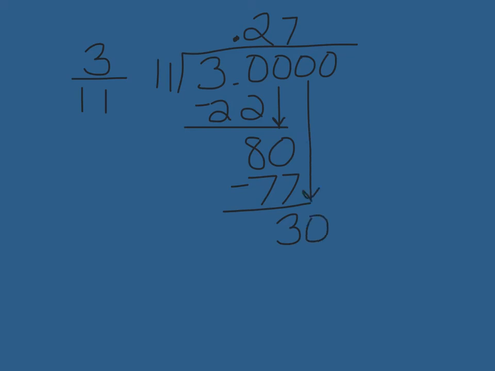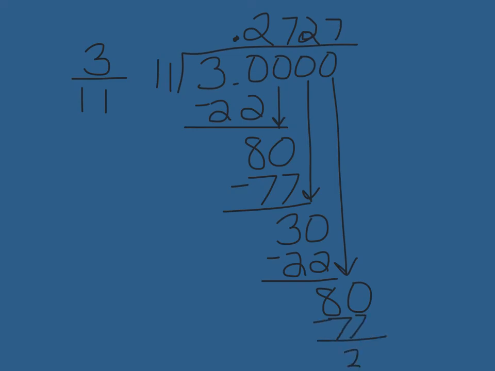So 11 goes into 30 2 times. 2 times 11 is 22, and I subtract, and then I have 8. So I bring down a 0, and I have 80. 11 goes into 80 7 times. 7 times 11 is 77, and then I have 3 left. You can see that this is just going to keep going to 0.272727.